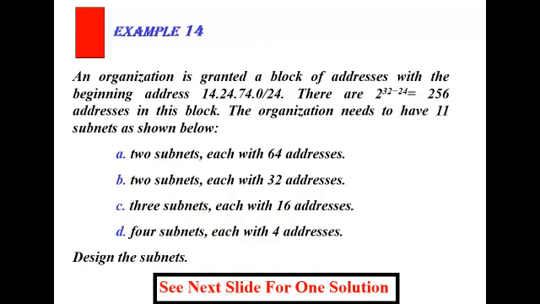Now let's make it a little more complex, or we can discuss variable length subnetting, or variable length subnet masking. Now see the question very carefully. An organization is there and an address is allotted, the beginning address is given to you, meaning there are 2 to the power 32 minus 24, equal to 256 different addresses available in the block to assign to different hosts, but the organization wants 11 subnets.